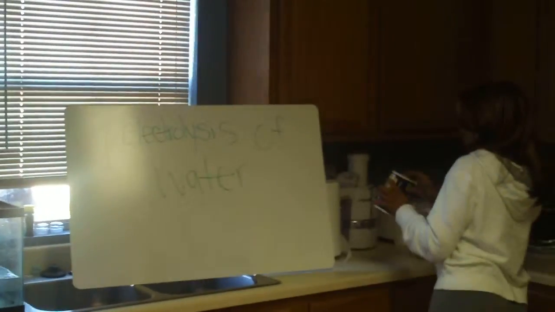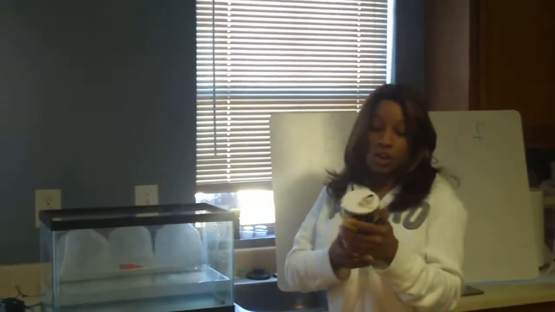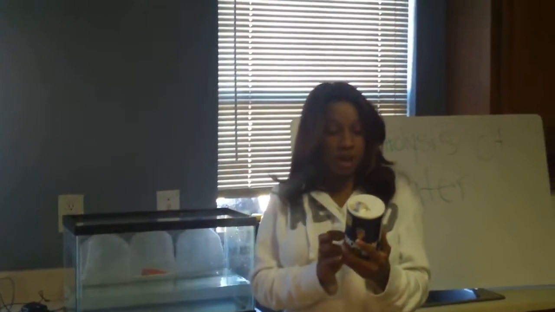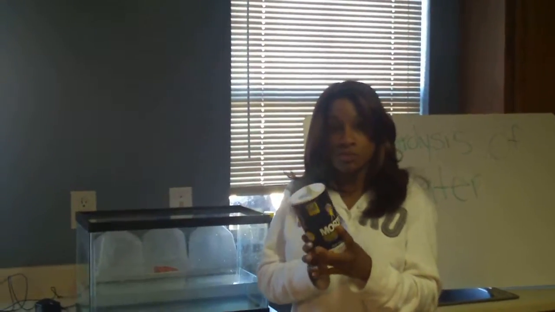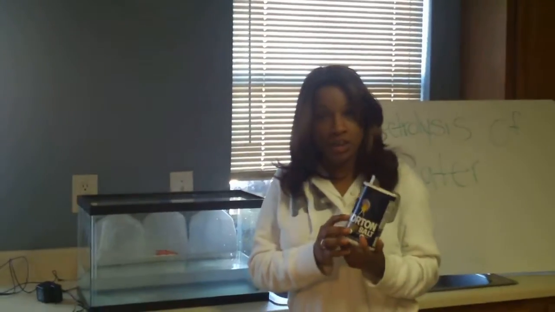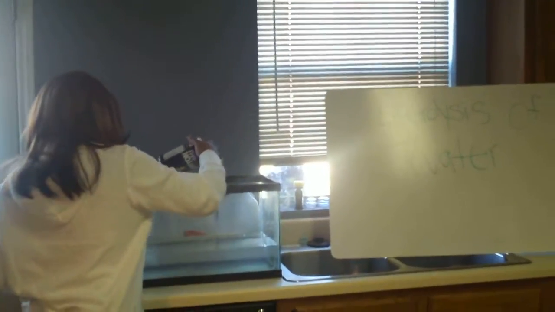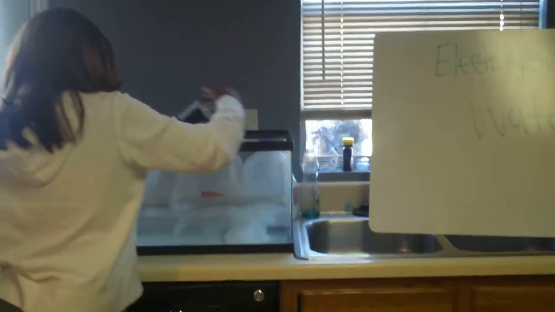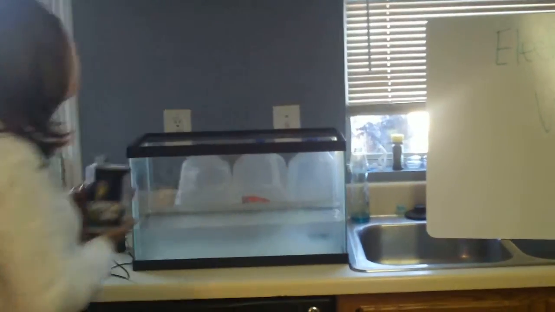You're going to need to sprinkle salt. This salt is actually used because it is going to be an electrolyte to help speed up the chemical reaction. That's what it is, an electrolyte, basically. So, sprinkle that in there, speed up the reaction.